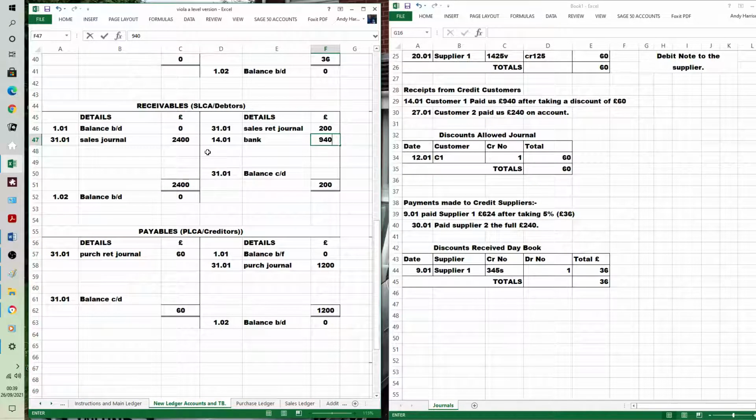But we also need to show in this account the discount of 60, and then should really show C2 as well. Much better, it's got more details in for reality.